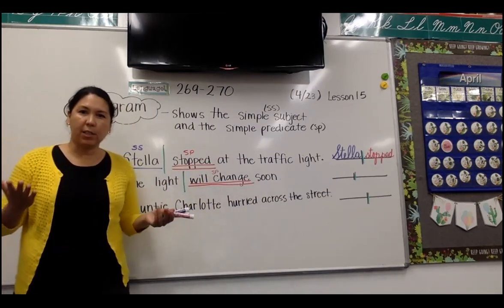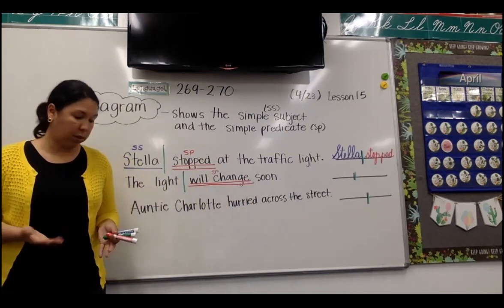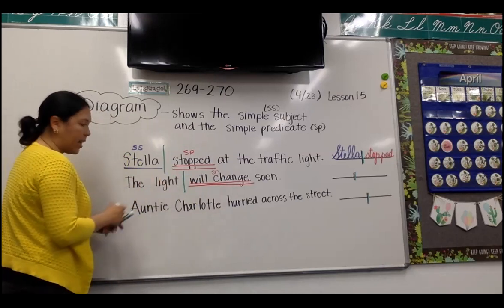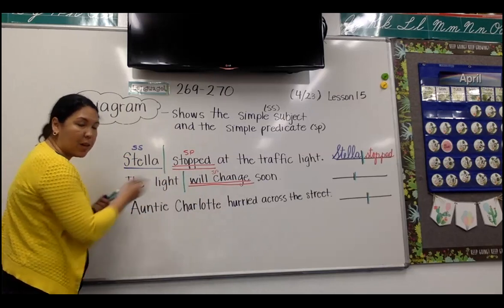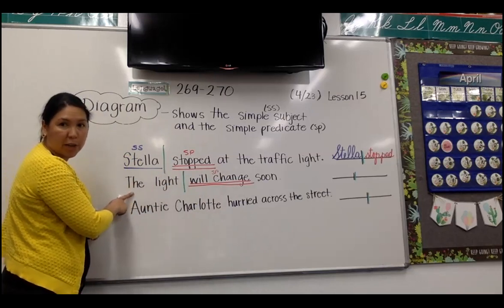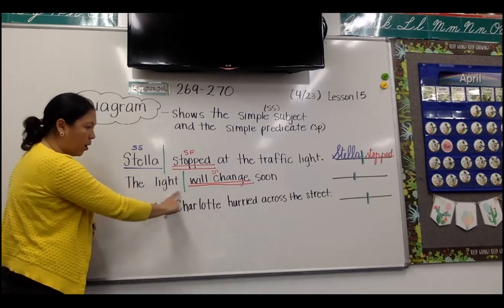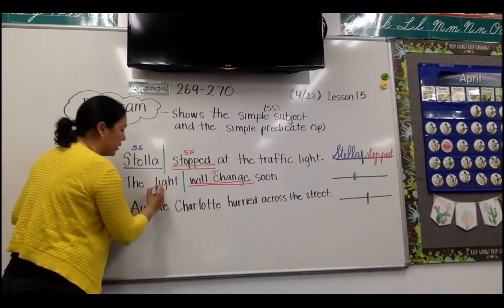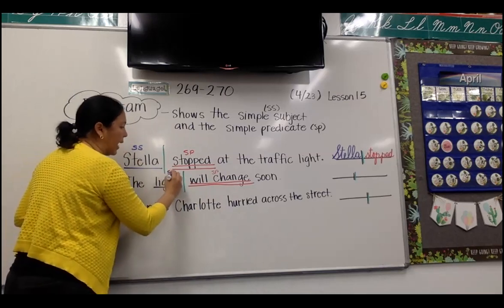So now I'm going to ask you, what will change? The light will change. Did anyone say the light? The is never going to be part of a simple subject. It's a part of the subject, the light, but if I'm just trying to find the one word, the simple subject is going to be light.